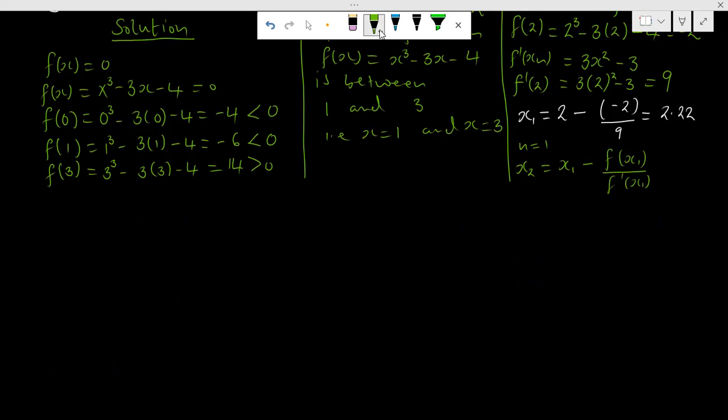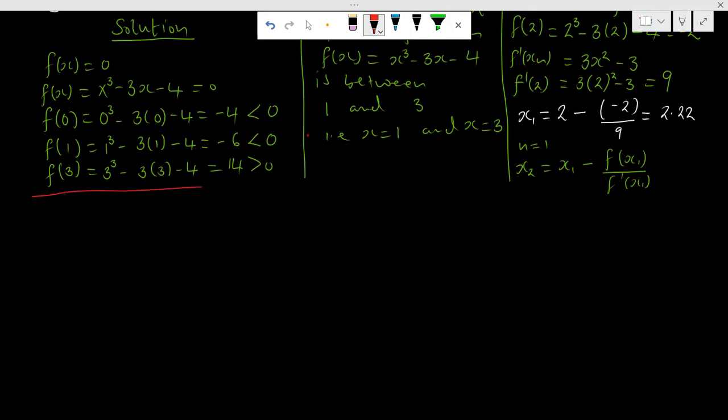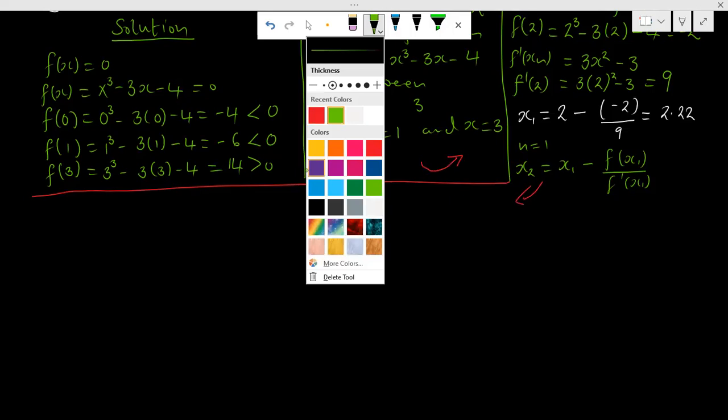So I want to transit to this other side here. Let us just draw a straight line like that. So from here, we'll go up like that. So from here, we shall go there. So we're going to have our x2.